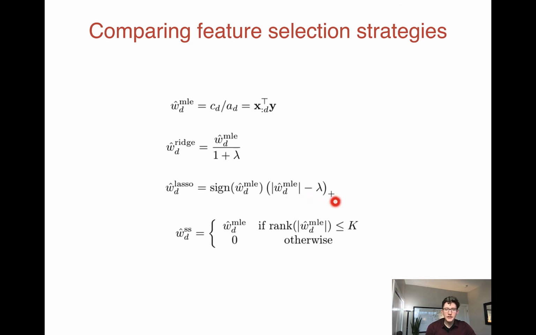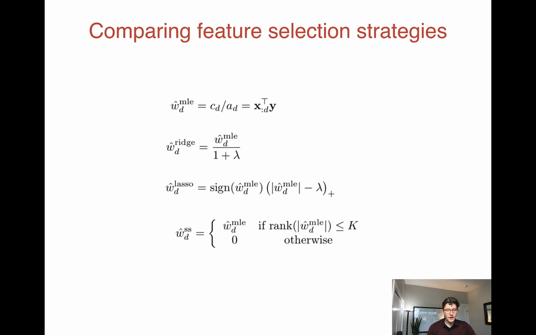That's what this plus notation means: it's this value, but only if it's positive, otherwise 0. And then we add back the sign because we had taken the absolute value here. So this is another way to understand the distinction between L2 and L1. L2 is dividing our parameters, where L1 is subtracting from our parameters.